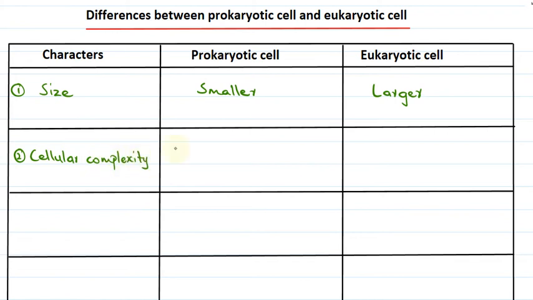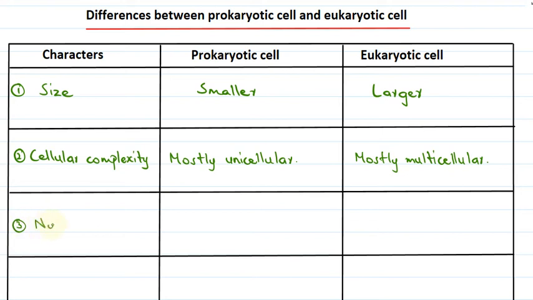Okay, so prokaryotic cells are mostly unicellular, which means they are composed of a single cell, whereas eukaryotic cells are mostly multicellular.